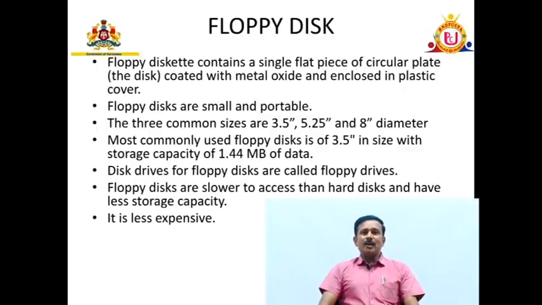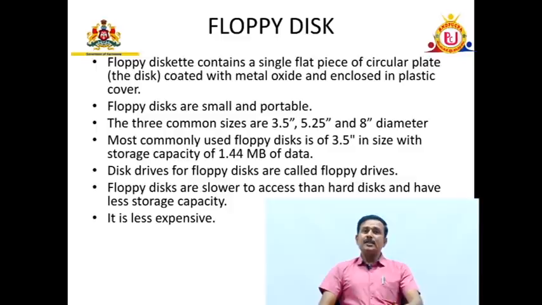Normally floppy disks look square in shape, but inside is a single plate in circular form, which is used to store and extract the data. It is coated with magnetic material, that is, metal oxide, which is responsible for storing and extracting data. These are very small and portable, easy to carry.